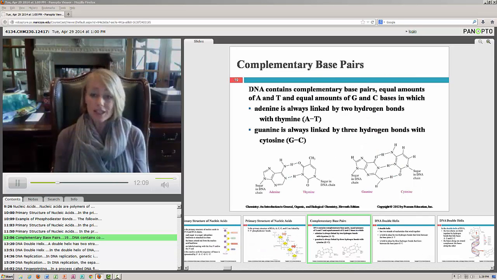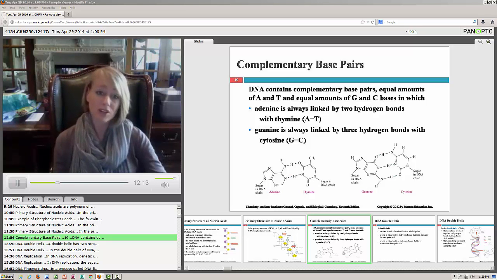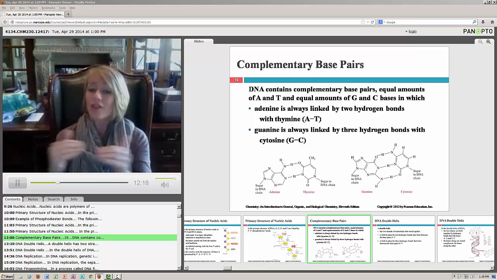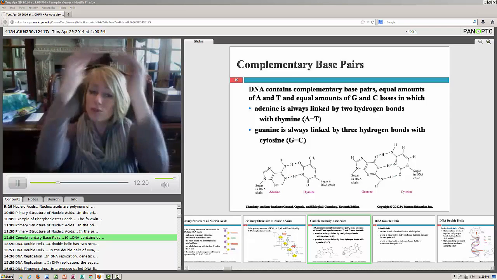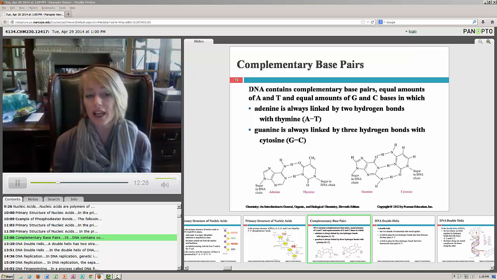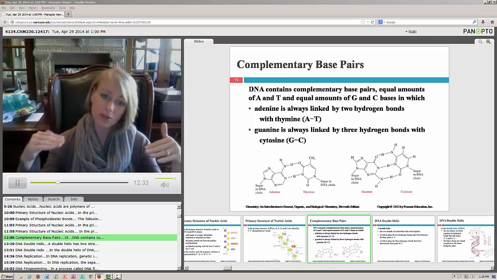Now, DNA itself is not just one linear strand of the primary structure. It has a secondary structure that involves two strands of DNA that are linked together with intermolecular forces. Specifically, the intermolecular forces are called hydrogen bonds. Okay? And we find that the A base, or the adenine base, will always link up to a thymine base or uracil.